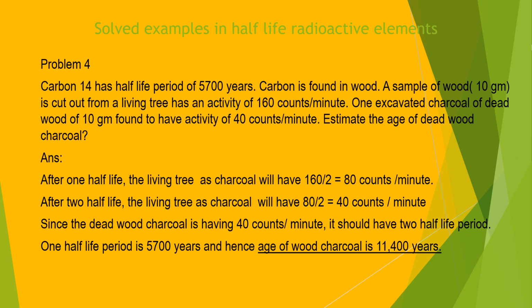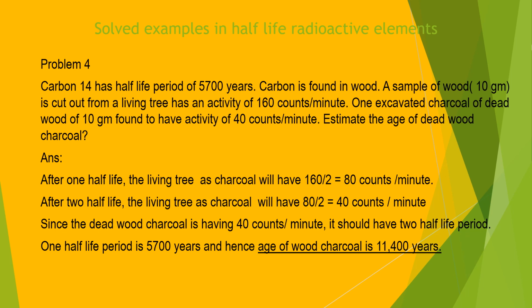And the live tree now has 160 counts per minute. And the old dead wood charcoal, that is 10 gram, is 40 counts per minute. So from these 2 items, we can find out the age of the wood charcoal.